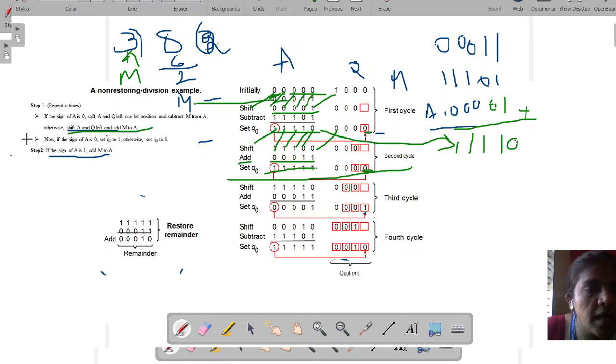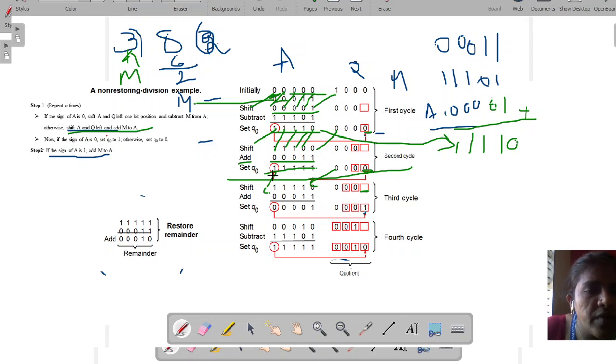Now let us go for the next. Repeat step 1 itself, how many times? N times. Since M is here, Q is 8, which is 1 0 0 0. You are doing 4 cycles, which is 4 bits. After shifting, this 0 appears here, this one is discarded, the rest of the ones are placed here, and you are left with a blank 0.